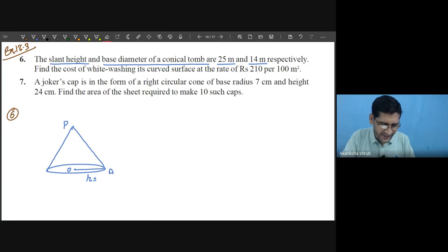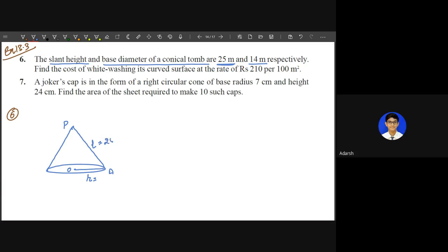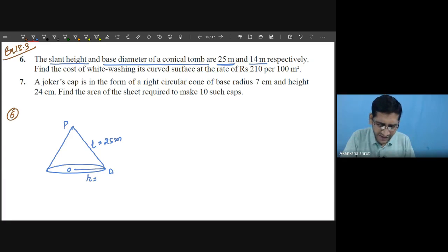Here it is given that the slant length L of the conical tomb is 25 meter. Another one is the diameter. How is the radius obtained? By diameter 14 by 2. Very good, so 7 meter. So these two things are obtained for this cone.